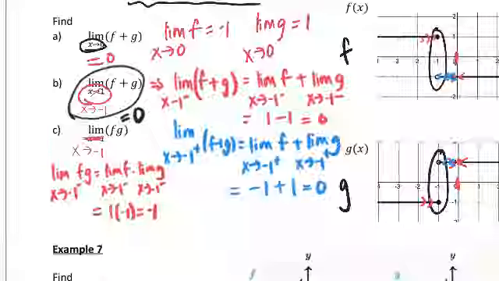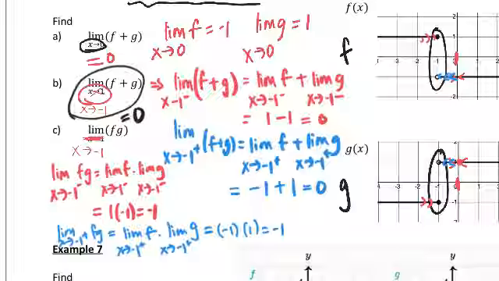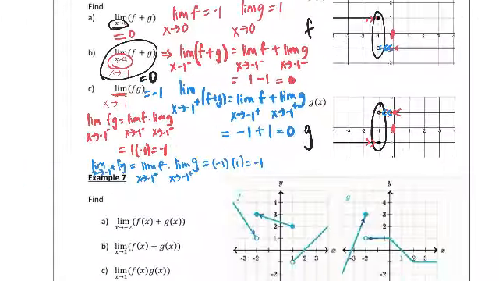And then you're going to do the same thing from the right on FG, means the right of -1 on F times the right of -1 on G. And we're going to get from the right, it was -1 times 1 or -1, right? So overall, again, this does work out and it does exist, but you have to check the one-sided limits if you're working with a piecewise function.